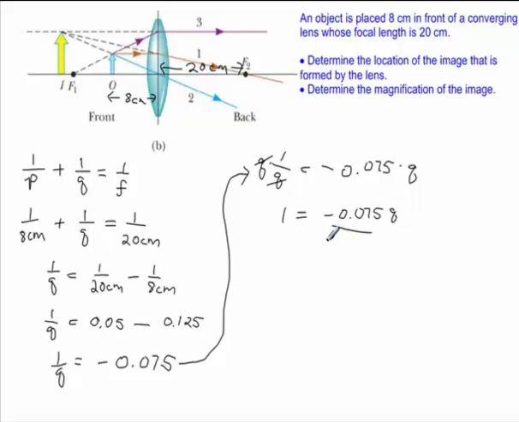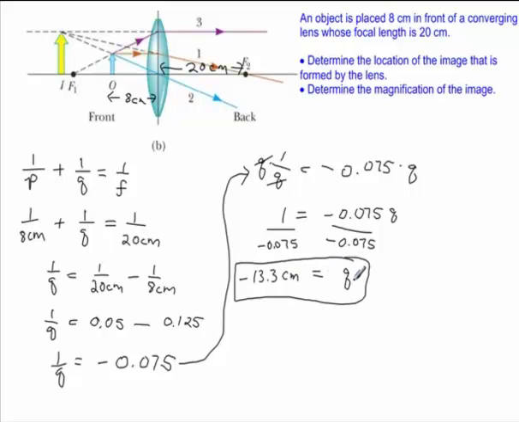And then I can divide both sides by negative 0.075. So when I do that, I get negative 13.3 centimeters.